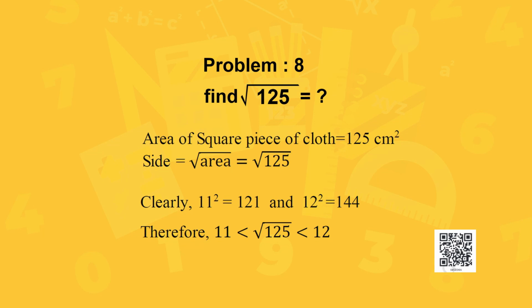Looking back at Ramya's square piece of cloth, it has an area of 125 centimeter square. We know that the side of a square is equal to the square root of the area. So here, since the area is 125, the side is the square root of 125. Clearly 11 square is equal to 121 and 12 square is equal to 144.